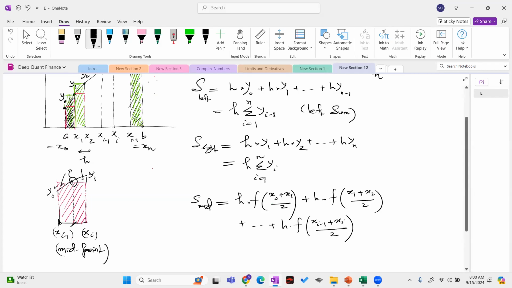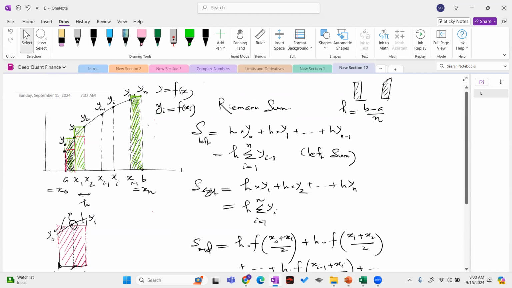So you find the midpoint in the x domain of that subinterval, then what is the height there? And this goes on. We have h times f of x n minus 1 plus x n divided by 2. Okay, so this is the midpoint rule.